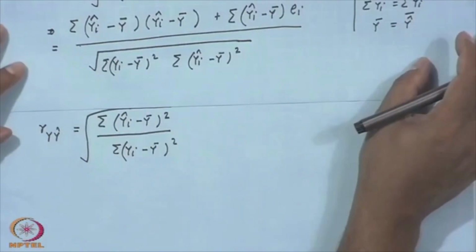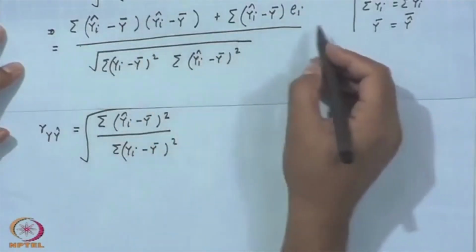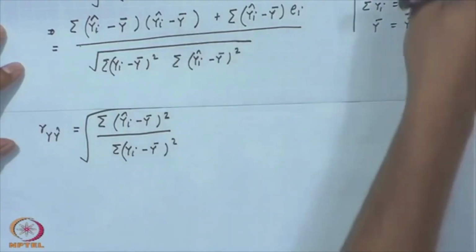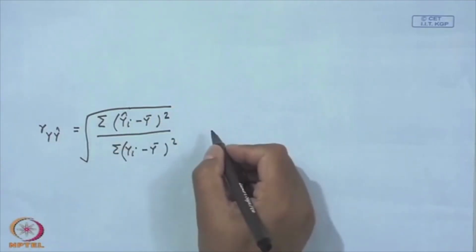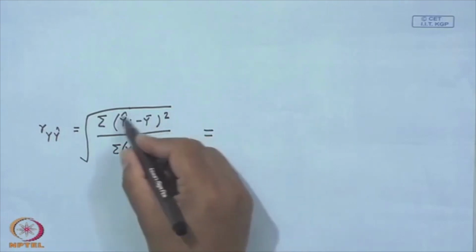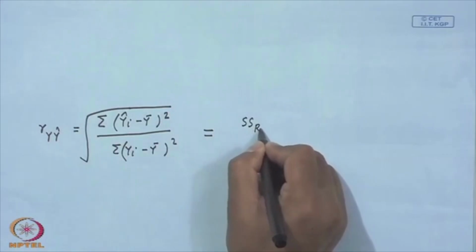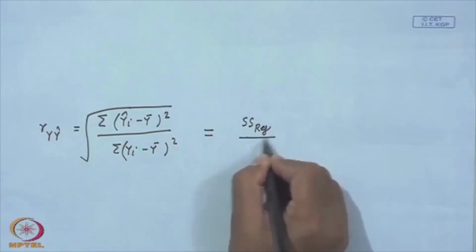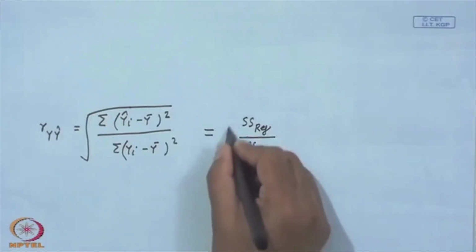Is it clear? Because I am just writing square and then you can cancel out. So, R y y hat is equal to this one, and the numerator is SS regression and the denominator is SS total.